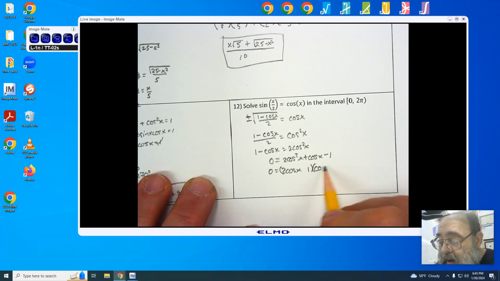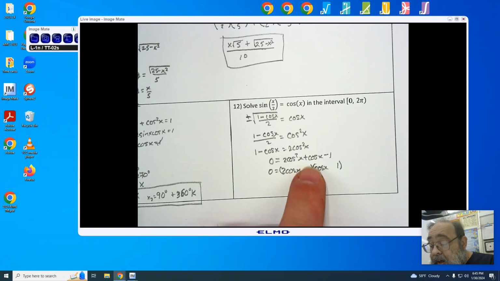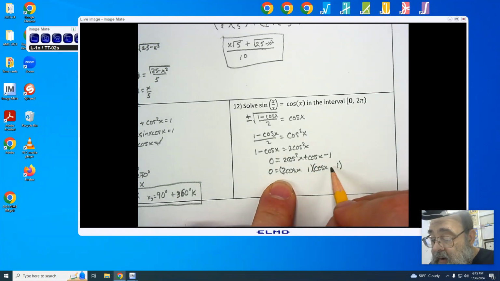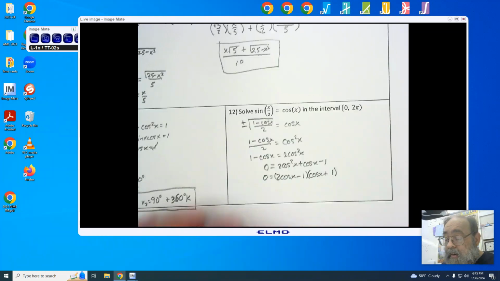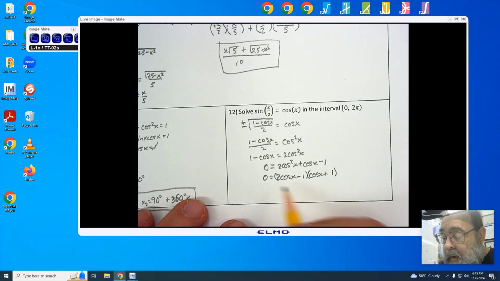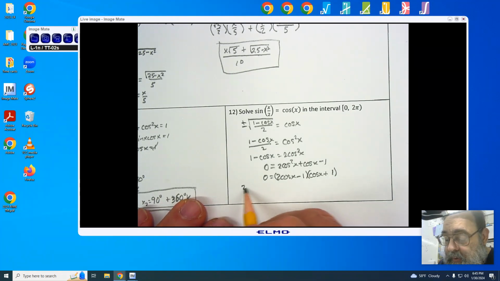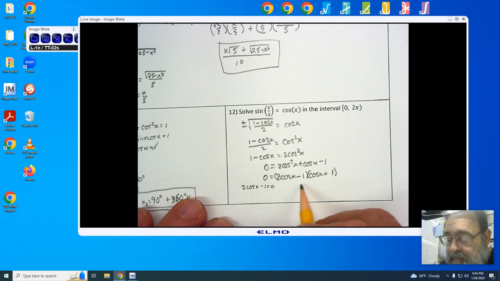I have a cosine of x, I know I have a 1, and I have to end up with a negative. So the 2 cosine of x is multiplying by a minus 1, and the cosine of x is multiplying by a plus 1. I'm now going to solve. I have 2 cosine of x minus 1 equals 0, and I have cosine of x plus 1 equals 0.